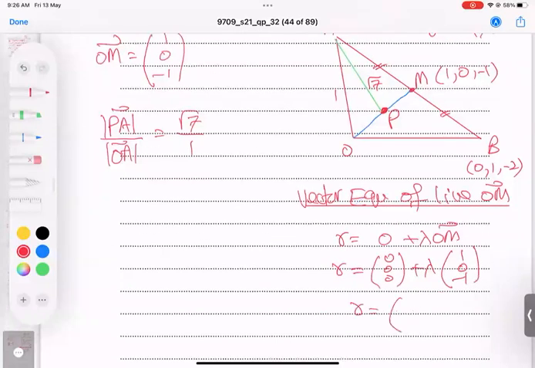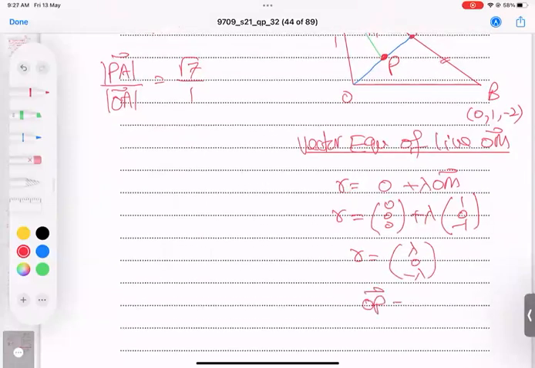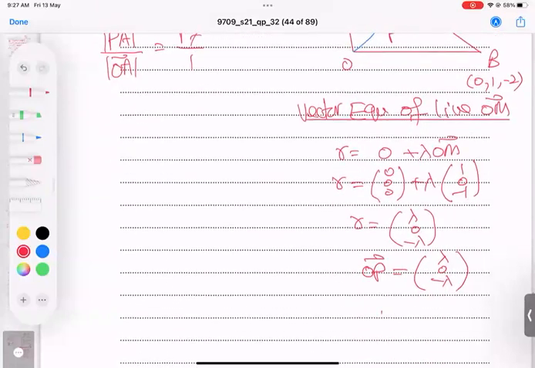So r equals (lambda, 0, minus lambda). It means the vector OP is (lambda, 0, minus lambda). Or you can write in coordinate form: lambda, comma 0, comma minus lambda. Both ways are correct. Okay, let's go to the next part.